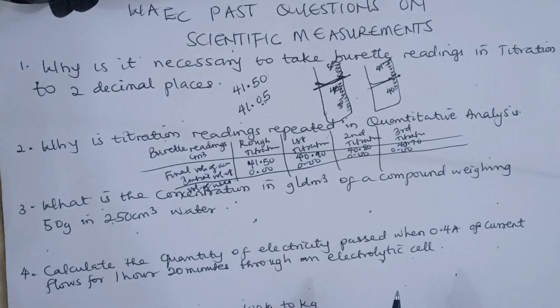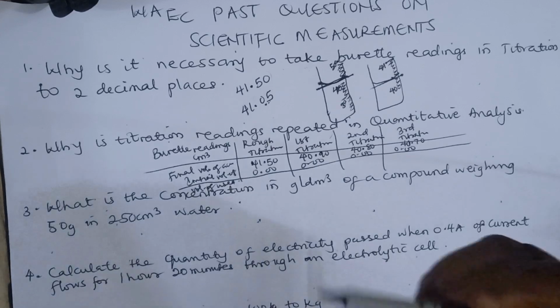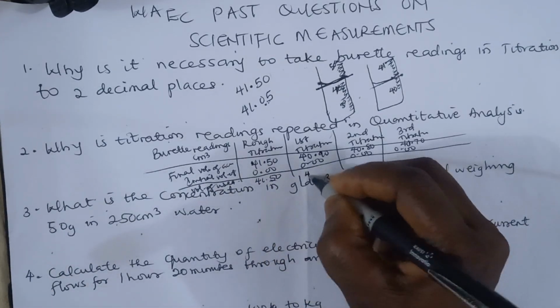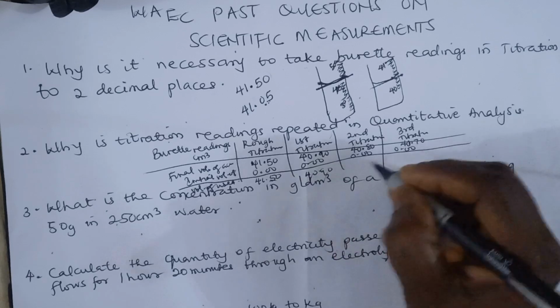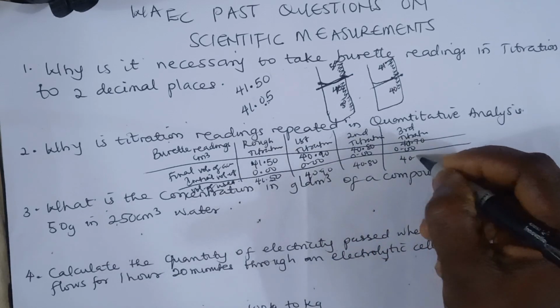So most times when we are carrying out practicals in WAEC, WAEC expects you to make use of values that are in concordance to calculate your average. Now, when you calculate the difference of the final and initial, you have your answers down here: 40.90, 40.80, 40.70.